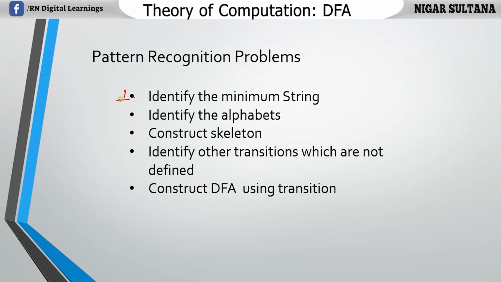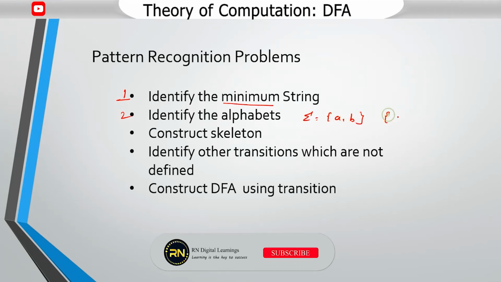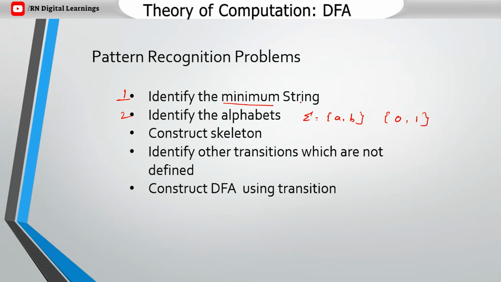What is our first step? In the first step, we are going to identify the minimum string. Next, in the second step, we are going to identify what alphabets we are going to use. Suppose we have alphabets like A, B or alphabets like 0, 1. Next, with the help of these alphabets and the minimum string, we are going to design or construct the skeleton.